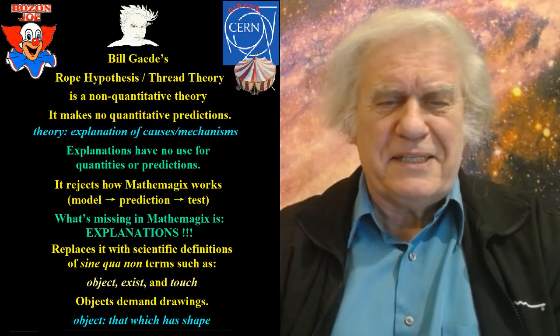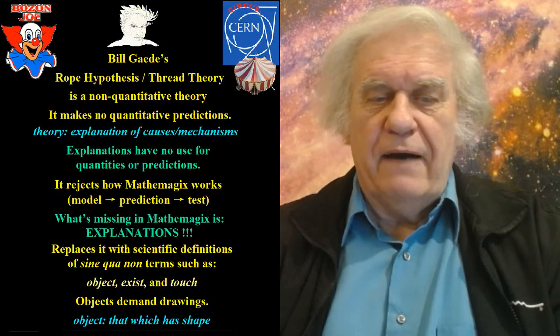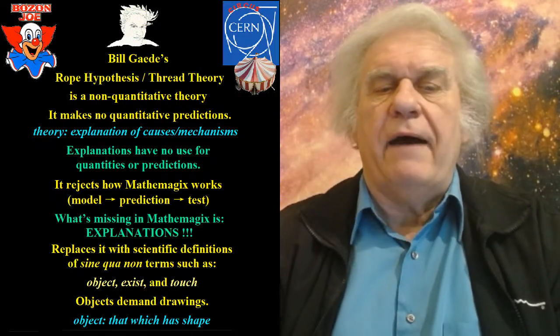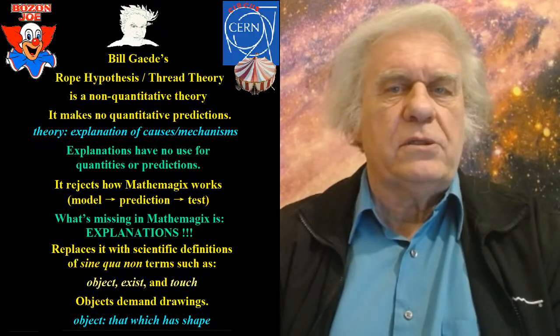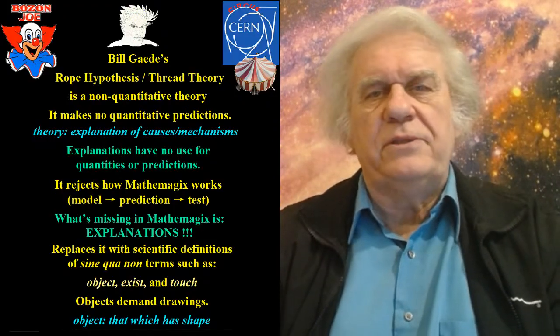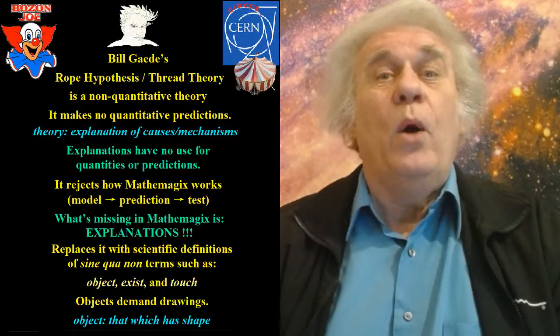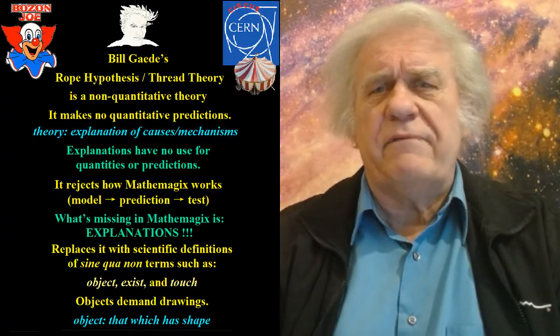He didn't use exactly those words, but I edited him a little bit. Of sine qua non terms such as object, exist, and touch. Physics is the science of existence. That word belongs exclusively to physics. Anyone using the word exist in any way, shape, or form has crossed the line into physics, whether they know it or not.